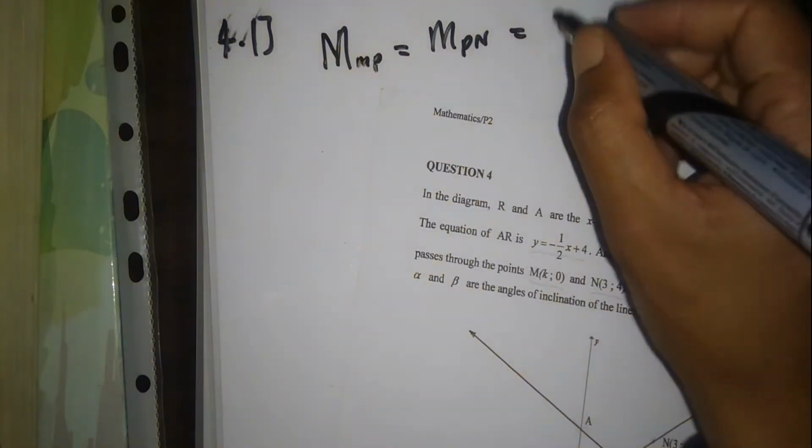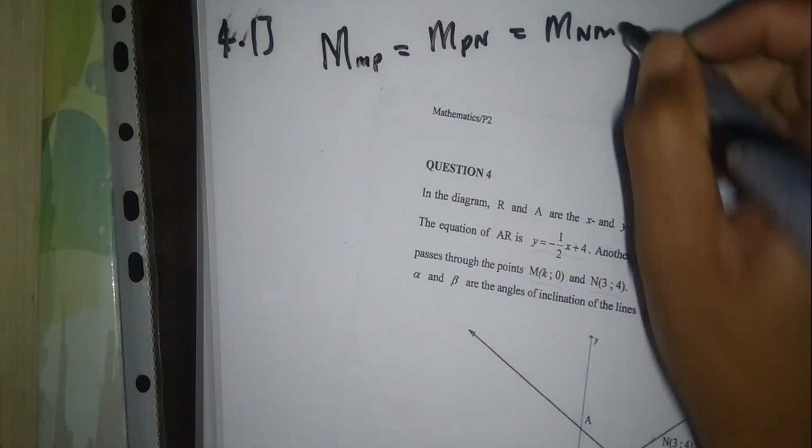So the gradient of MP is equal to the gradient of PN, and is also equal to the gradient of NM. The gradient of these two points, as well as the gradient of these two points.